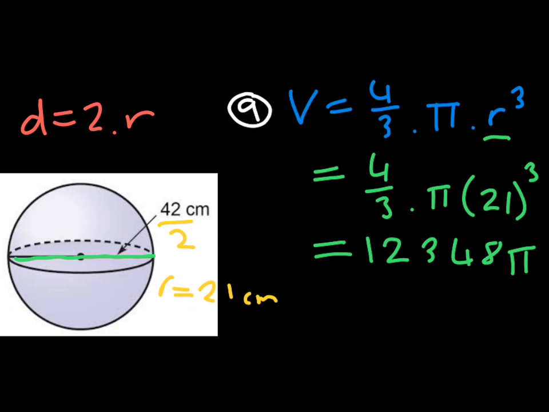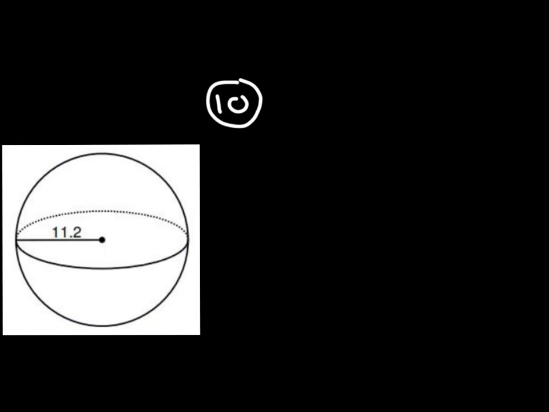So our final answer is going to need to be rounded off, and we can round it off to 2 decimal places. So your final answer should be 38,792.39. And remember, we were dealing with centimeters, so this final answer will be in centimeters cubed.